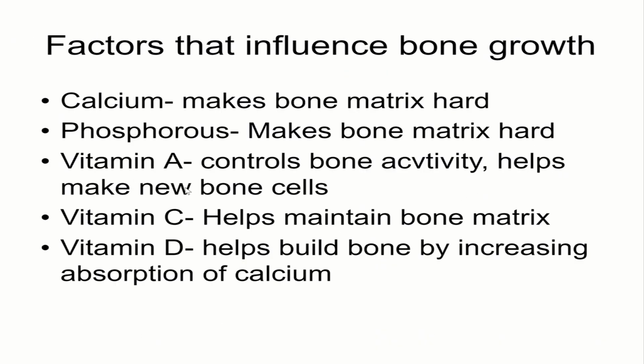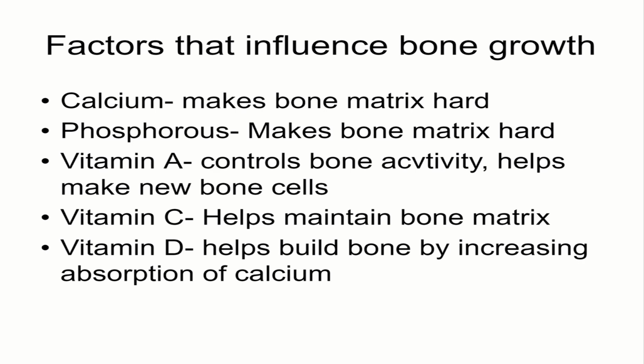So what are some factors that influence bone growth? We have calcium, a major component of bone tissue. Then we have phosphorus, which hardens bone tissue. Vitamin A helps regulate bone activity. Vitamin C maintains the bone's matrix.